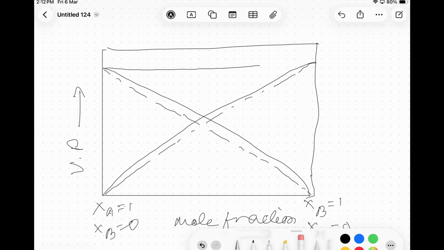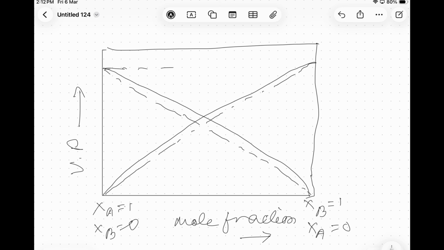Let me write here like this, but the observed vapor pressure is like this.